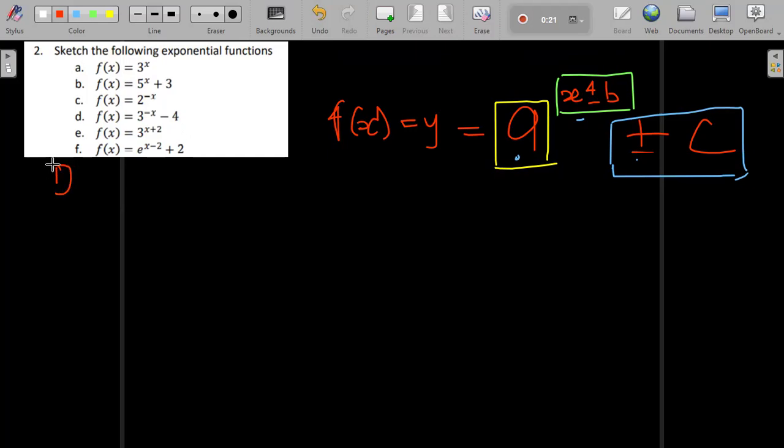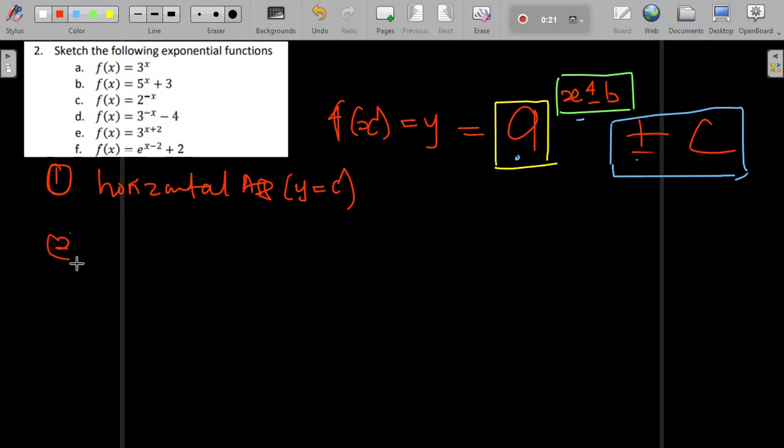One, you need the horizontal asymptote. This is just a value, let's say c, that the graph will never touch. That's the horizontal asymptote.